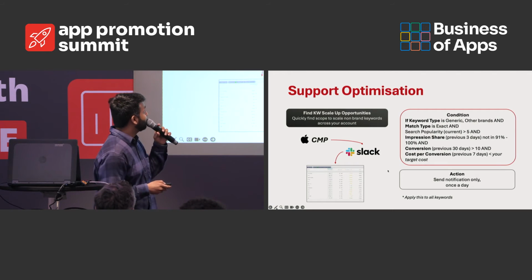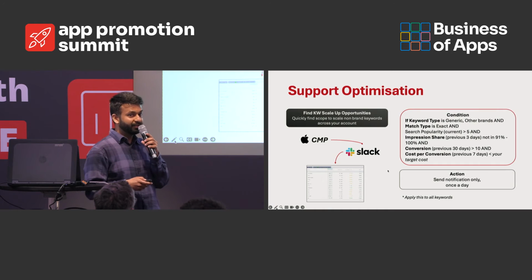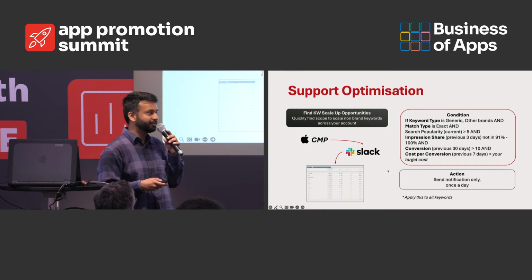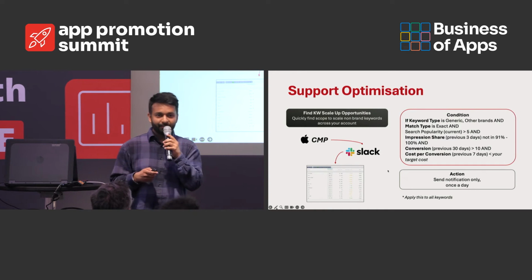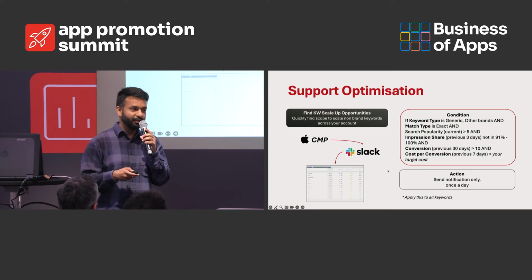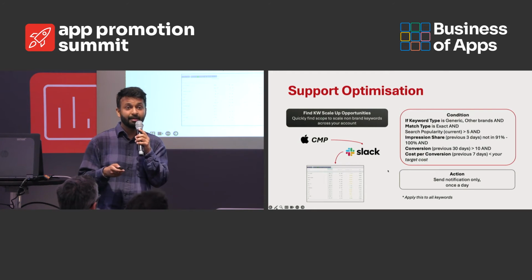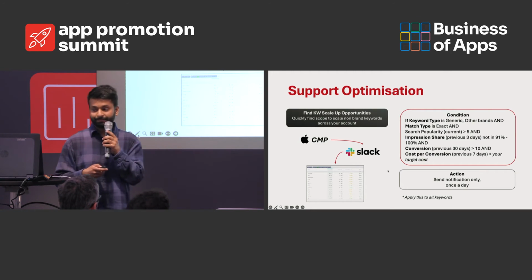Now, I'll talk about how you can find opportunities to scale your non-brand keywords. In one of my last slides, I talked about how you can scale your high-value non-brand keywords, but in this slide, I will cover the rest.